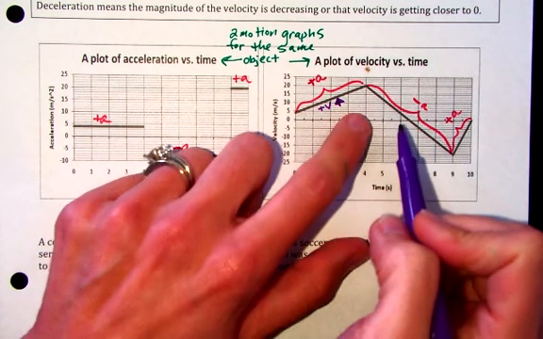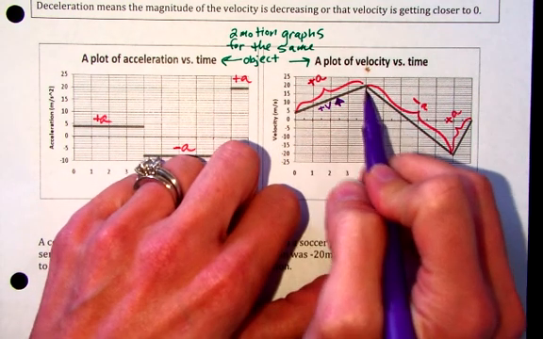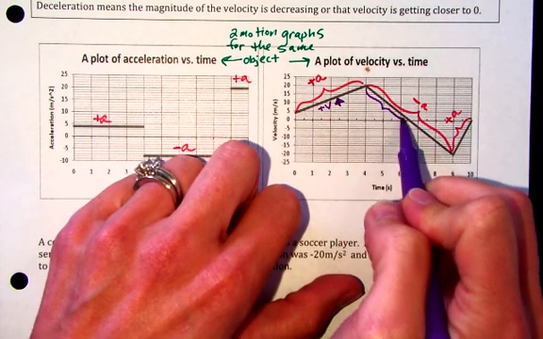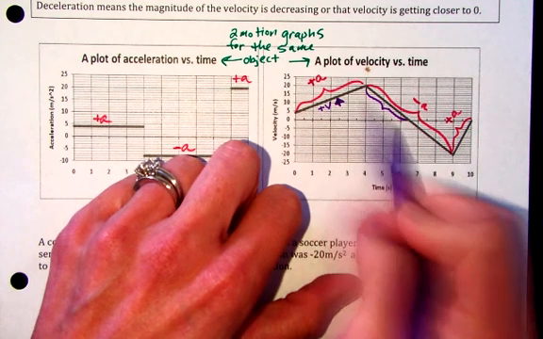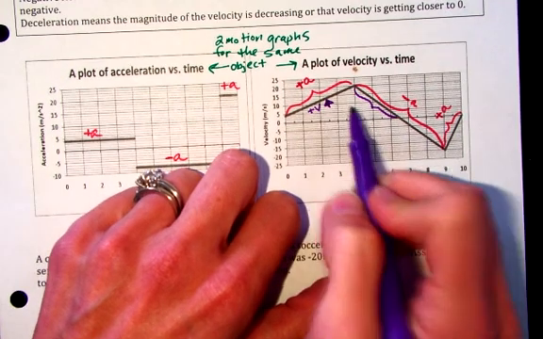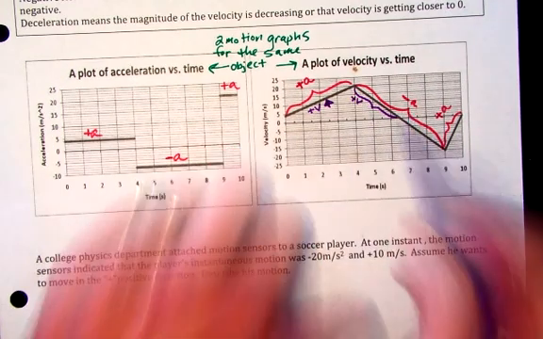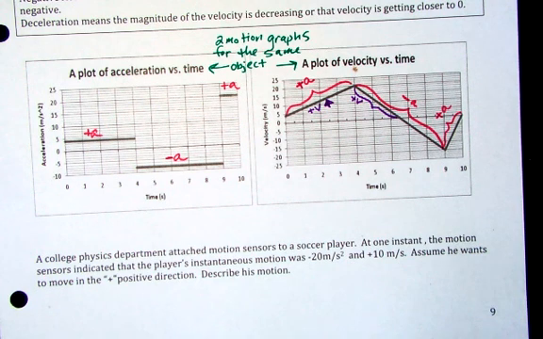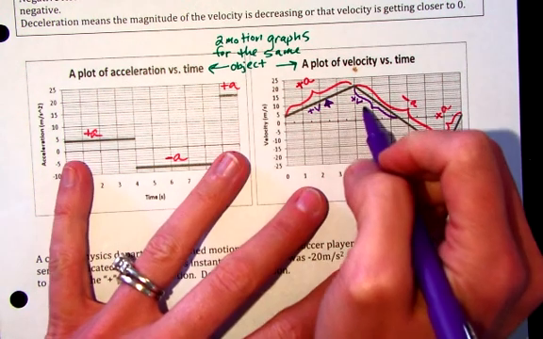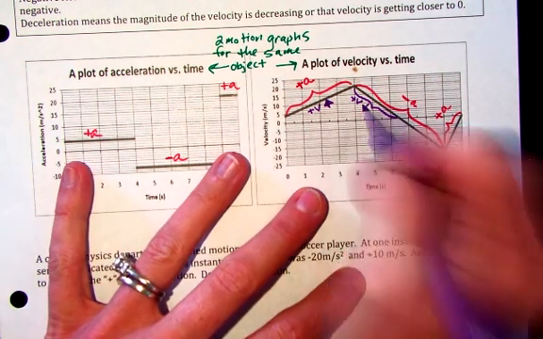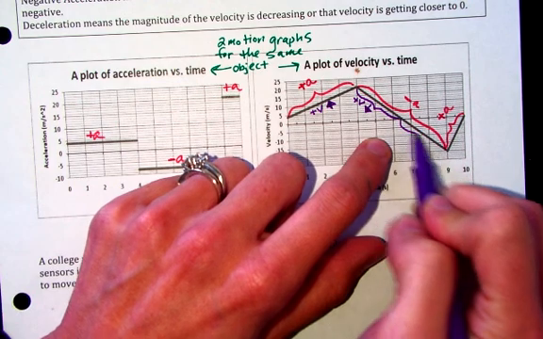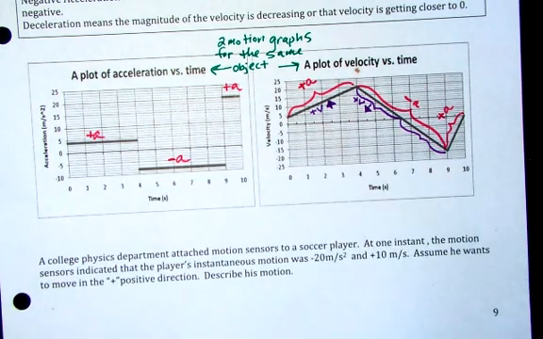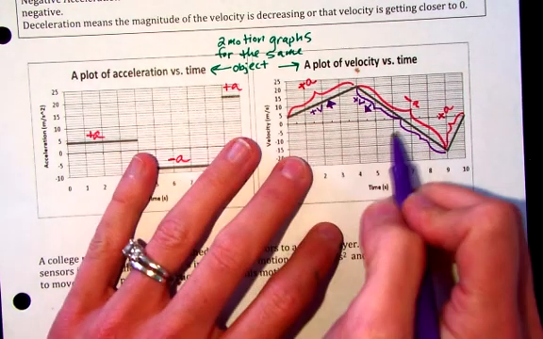Now we come over here. In this section, are my velocity values positive or negative? Positive velocity. However, we're going closer to 0, which means we must be slowing down. All right, now down here, what kind of values for velocity do we have? We have negative velocity.